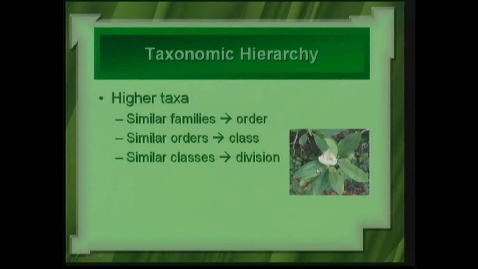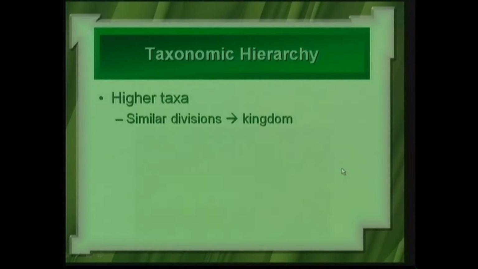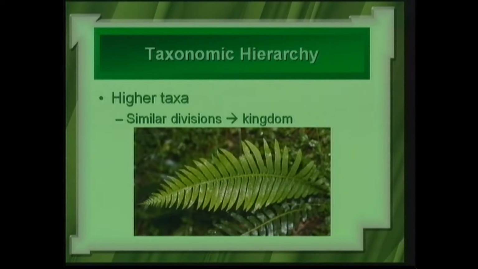The word angiosperm isn't really a technical term for botanists, but if you say angiosperm or flowering plant, everybody will know what you're talking about. And now all these similar divisions, such as a fern, such as the Psilotum that we looked at earlier, the plant that had those photosynthetic stems, that's definitely a plant in the division Psilophyta. Here's a fern in the division Pterophyta or Pteridophyta. You had the Magnoliophyta.